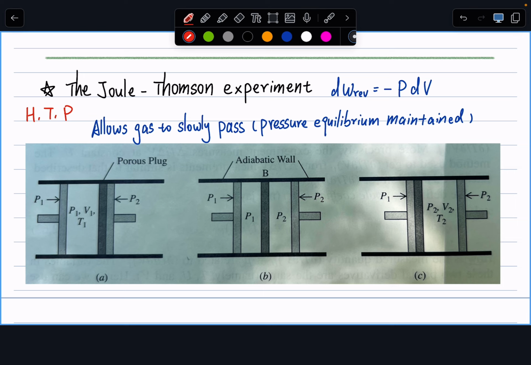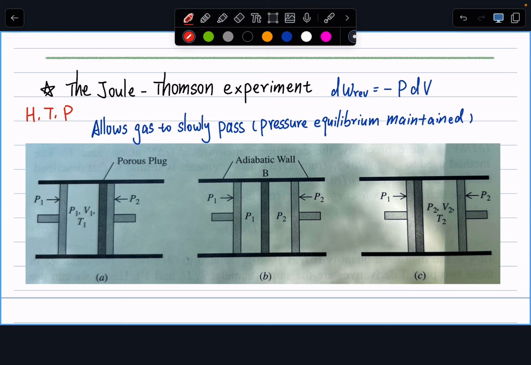So now we want to set up the experiment carefully so enthalpy is kept constant. This time I'm going to walk you through the setup of the Joule-Thomson experiment, and then we will use our definition of the terms together to prove that this process has a delta H equals 0.